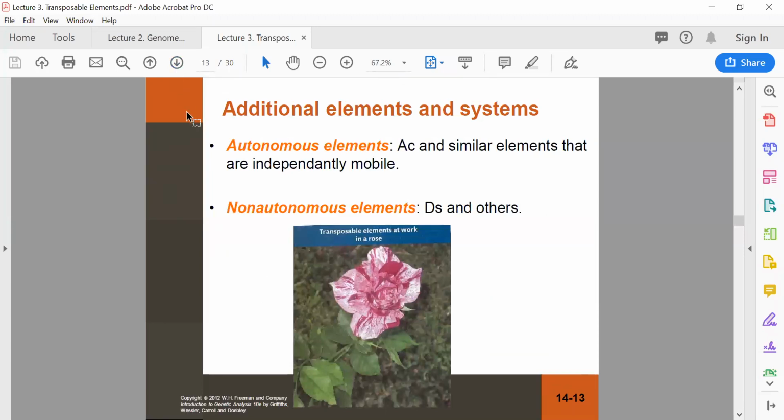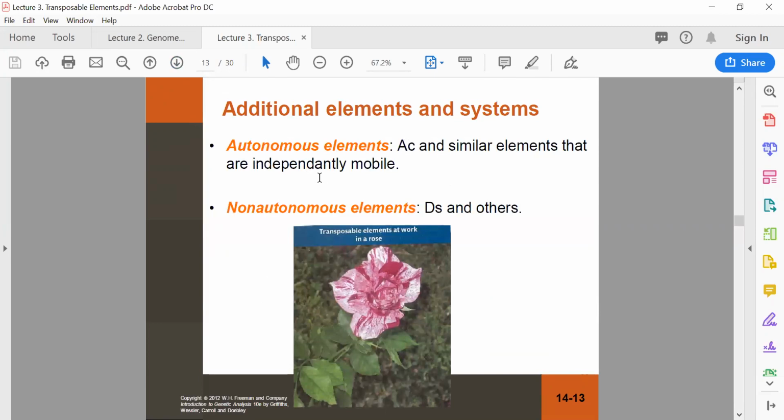All right, just a couple of definitions for you. So that Ac element and Spm elements that were also discovered are independently mobile. So they contain all the information necessary for their own movement and for the movement of other elements in the genome.